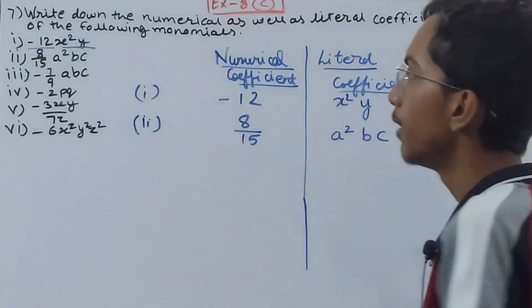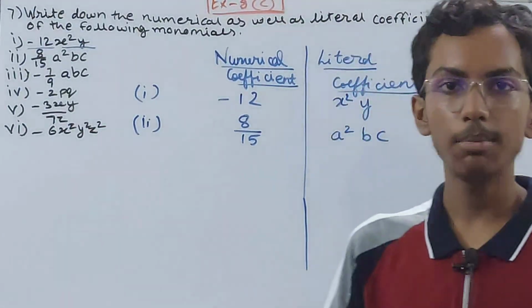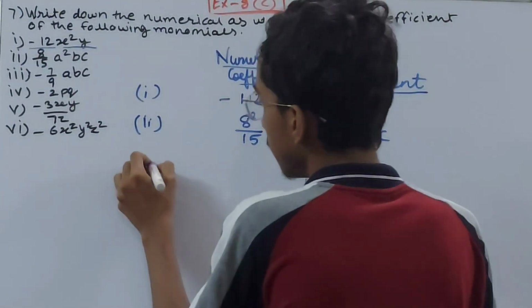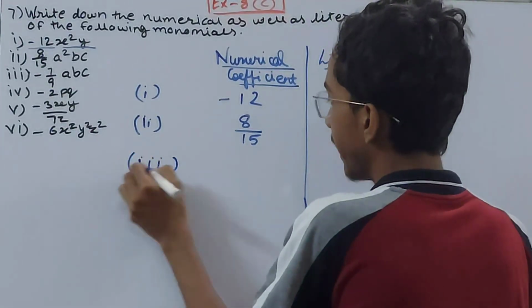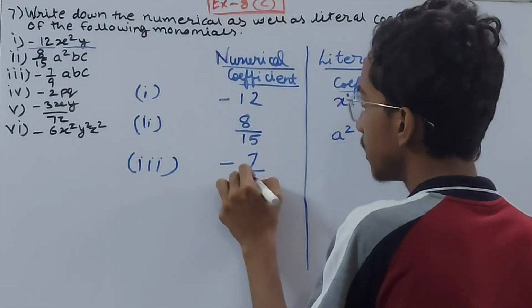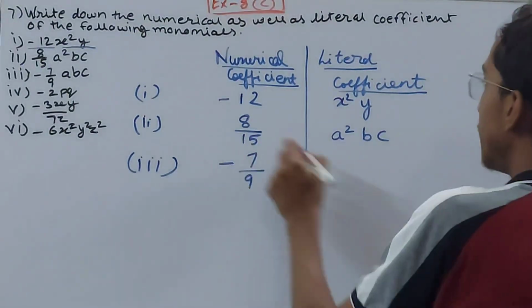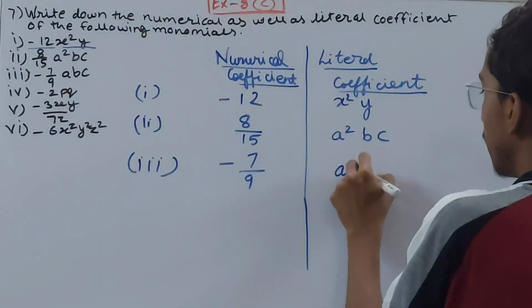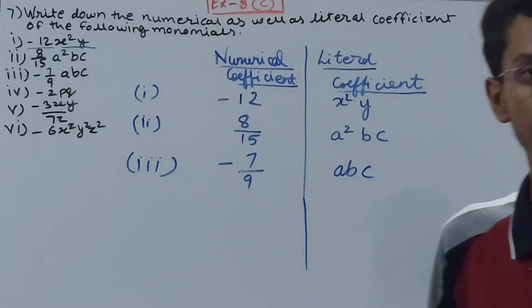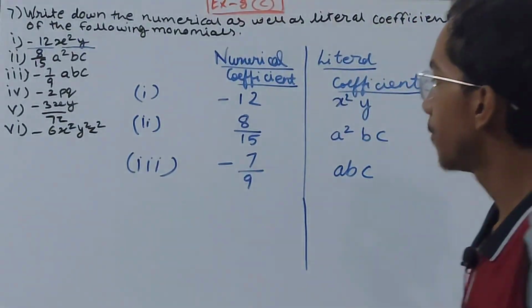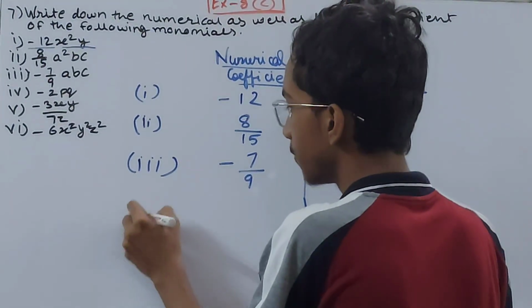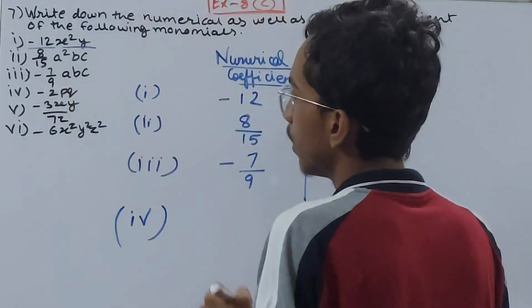Now you see we have minus 7 upon 9 ABC in the third part. So just write down the fraction, it is a constant, it is a number, it will go in the numerical coefficient, and ABC will be the literal coefficient. Pretty simple. Then in the fourth part, you have got minus 2PQ.